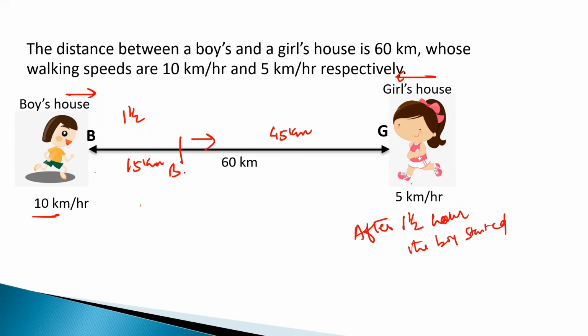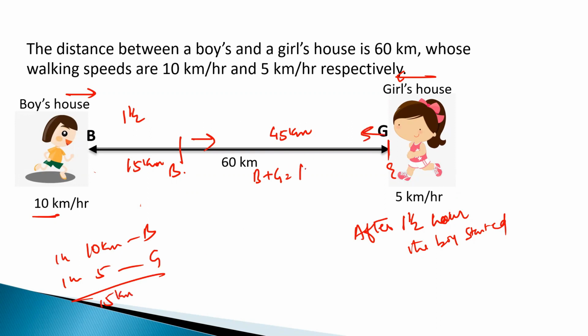Now the boy is here at this position, the girl is here. Now the girl will also walk, the boy will also walk. Both boy and girl in 1 hour cover 15 kilometers if they're coming in opposite directions, towards each other. 15 kilometers in 1 hour.